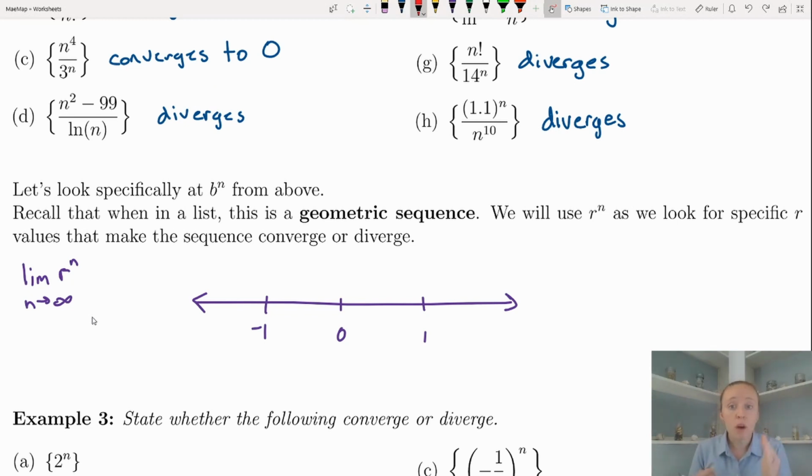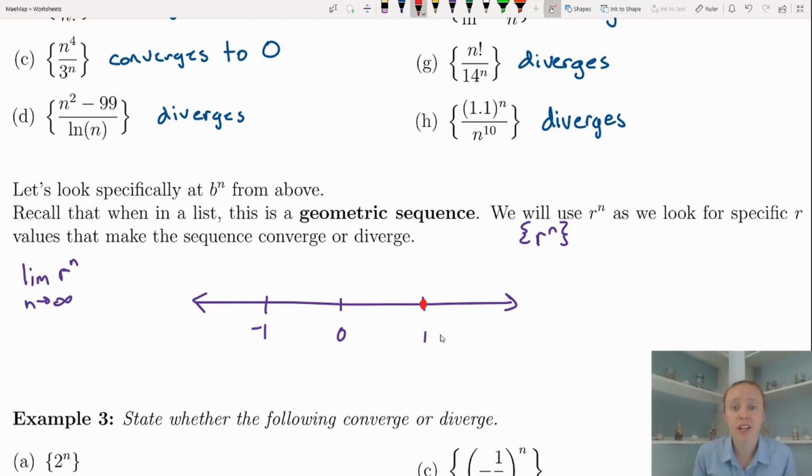So if we're getting 1, that means that the overall sequence, that r to the n, is going to converge to 1. So when we're at 1, we're converging. So I'm going to fill this in, and specifically on this number line, I'm going to find the values when r to the n converges. So we know it does indeed converge when we're at 1.